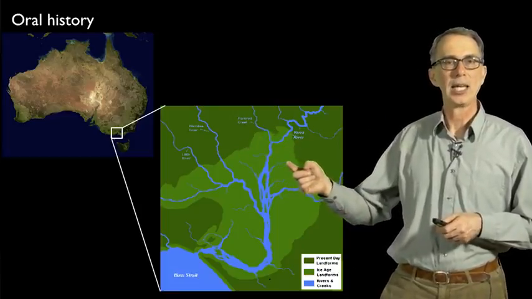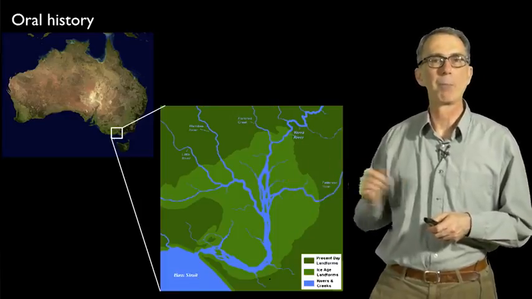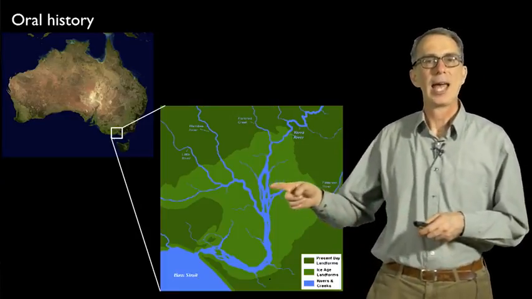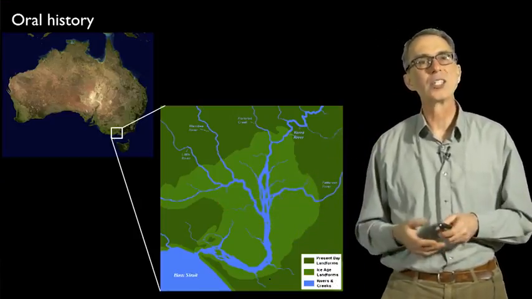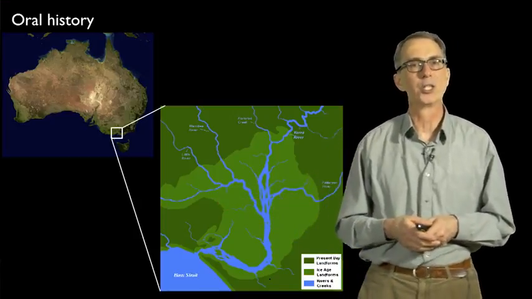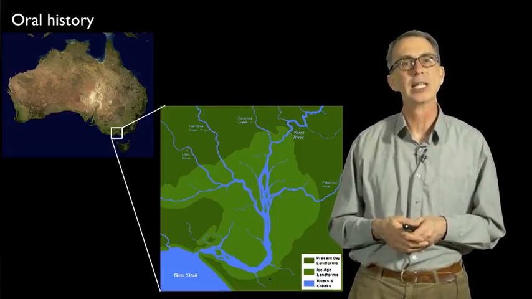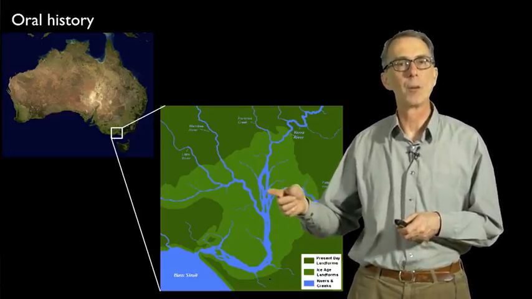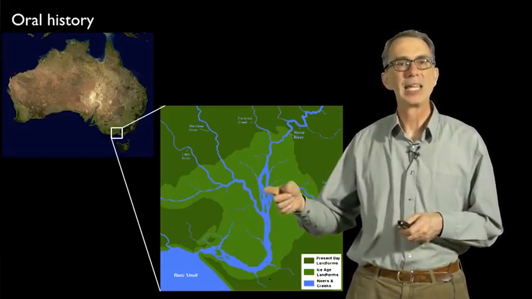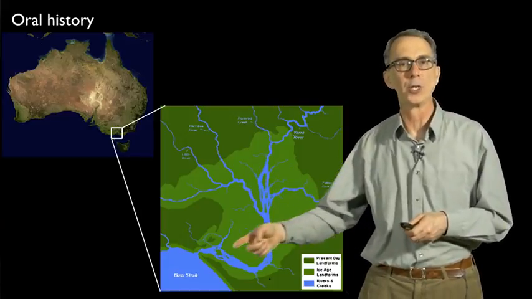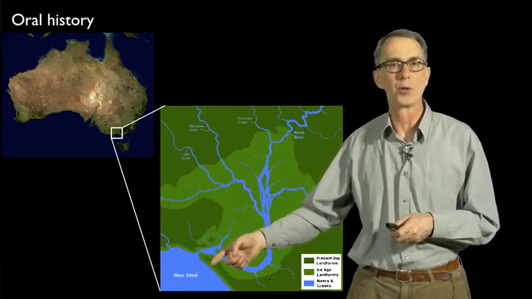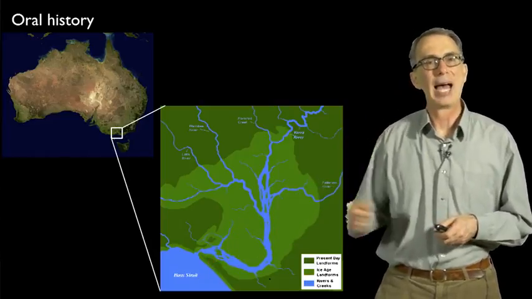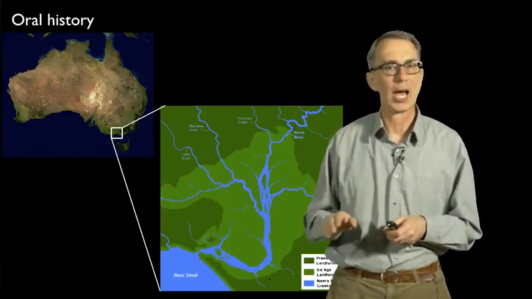Port Phillip Bay is relatively shallow, and there are myths or stories in the dream time of the local indigenous population, the Wurundjeri peoples, that talk about a river extending all the way through this region and all the way out, and that the original coastline was much further away. And in fact, the waters in the bay are quite shallow.